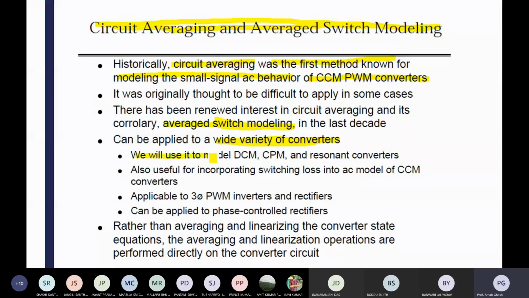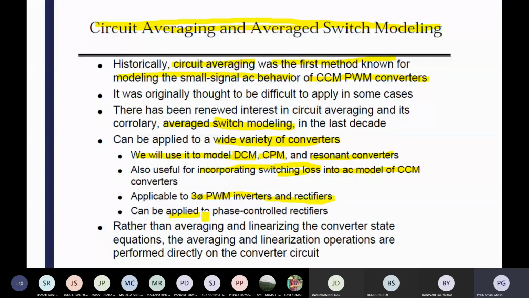We'll use it in models for DCM, and CCM, not CPM, it is CCM, a printing mistake is there, and resonant converters. It is also useful for incorporating the switching loss into the AC model, for CCM converters, applicable for the three-phase PWM inverter and rectifiers, and can be applied to phase control rectifiers.